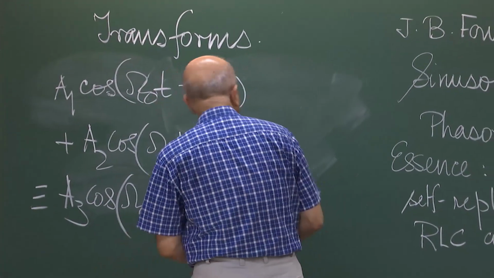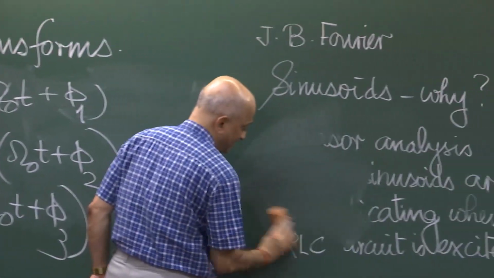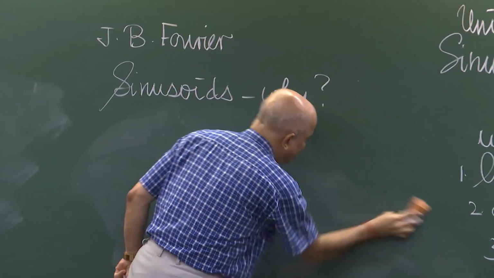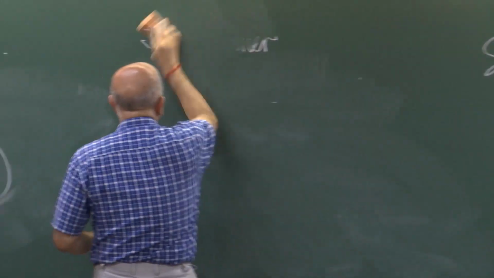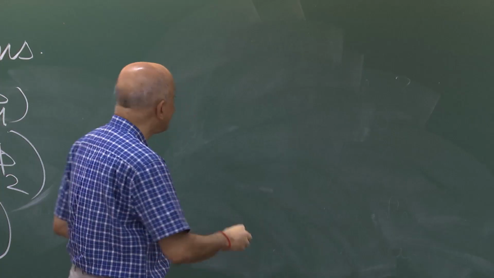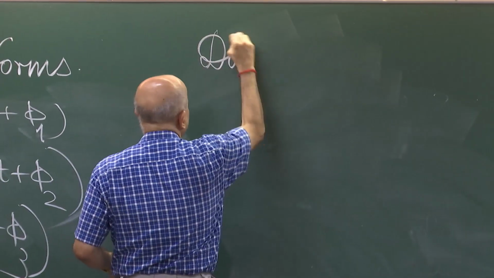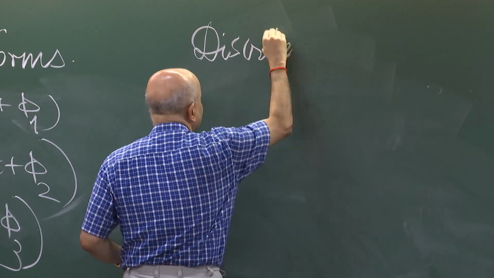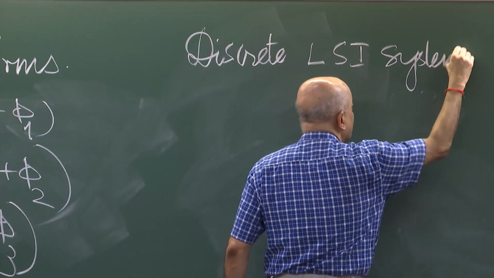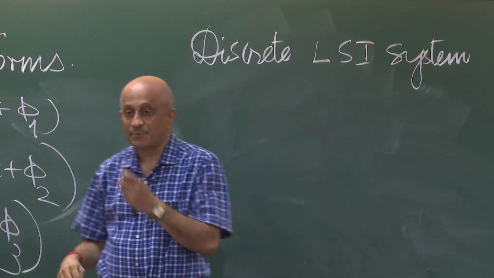Now, let us look back at our linear shift invariant system that we were talking about yesterday. We talked about the operation that connects the output to the input. Yesterday we looked at a discrete system, a discrete linear shift invariant system, and we looked at the input-output relationship.